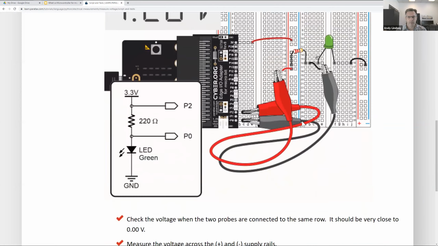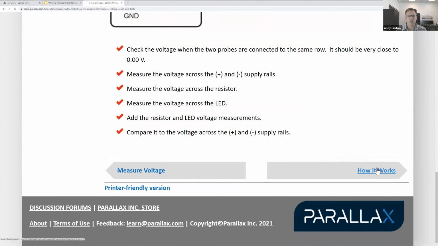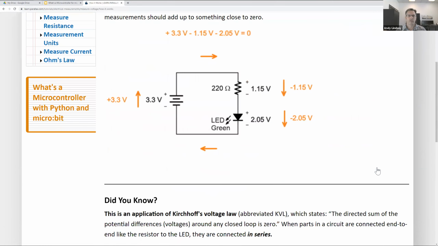And that's something called Kirchhoff's voltage law, which is introduced right here saying, okay, well, if you have a voltage source and you have a resistor, it will have a certain voltage drop, and you have a light, it also will have a certain voltage drop, and you add these two up and it should come up to this.